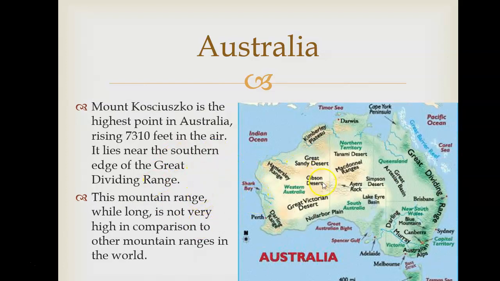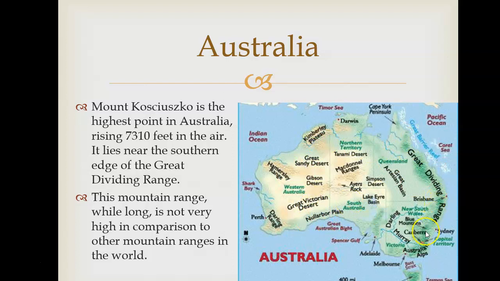Some of the physical features, you have the Great Barrier Reef. It's a coral reef over here on the northeastern part of Australia. The majority of Australia is desert. You can see there are several deserts that are named here, but the majority of the western part of Australia is desert.